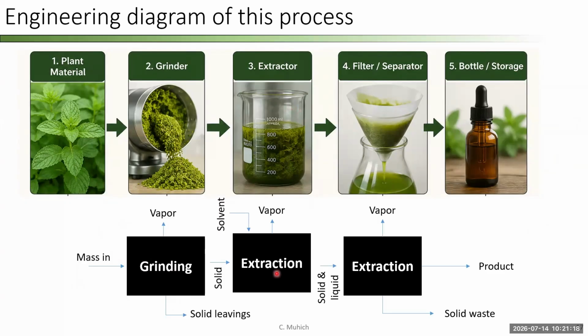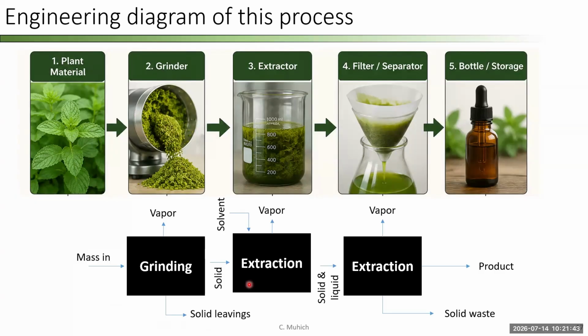Extraction is one unit operation. Filtering is a unit operation, right? So I take the plant material, that's our mass in. If I think about what's coming out, we have the ground mass that's going to go to extraction. I have any vapor that I'm losing, and I have any solids which get caught or left in that grinder.